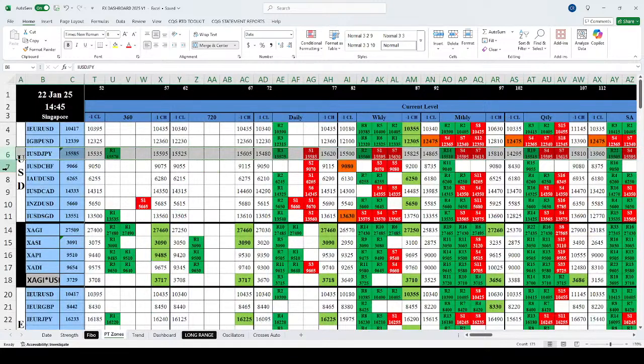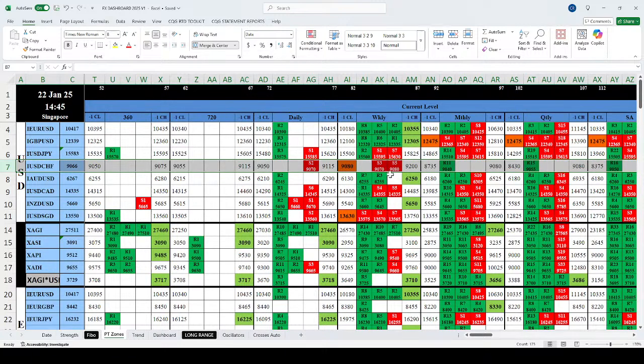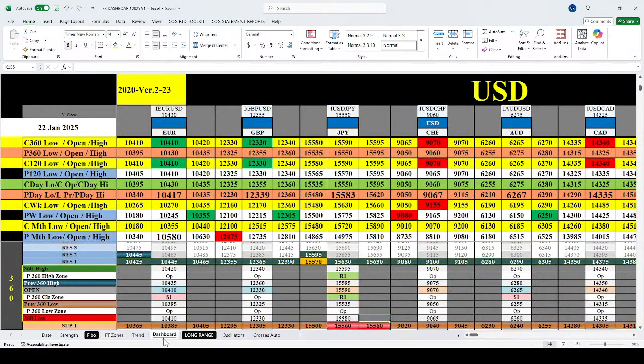Let's see the dollar Swiss. Flat on the hourly, daily is down, weekly is also down. And the weekly is below 90.80. So now the market is trading at 90.65. We should be looking to sell above 80 or near 91.10, then expect the price to turn down.